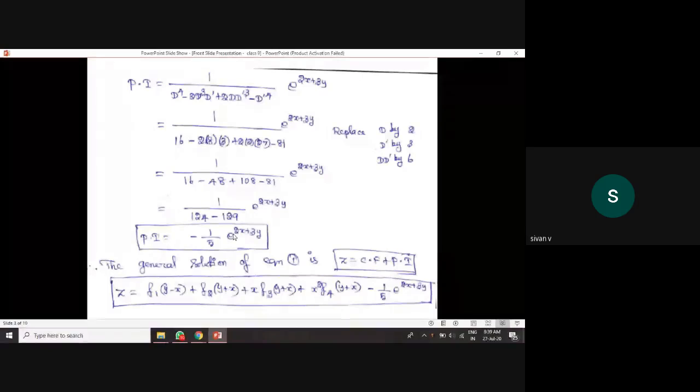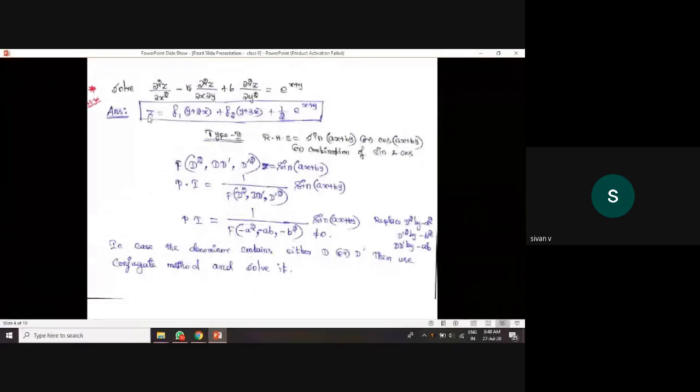Second one, a similar problem. Take it as homework. Solve dou square z by dou x square minus 5 into dou square z by dou x dou y plus 6 into dou square z by dou y square equal to e power x plus y. Students, it is in derivative form. Using this, first convert it into D form. The equation can be written with D and D dash.